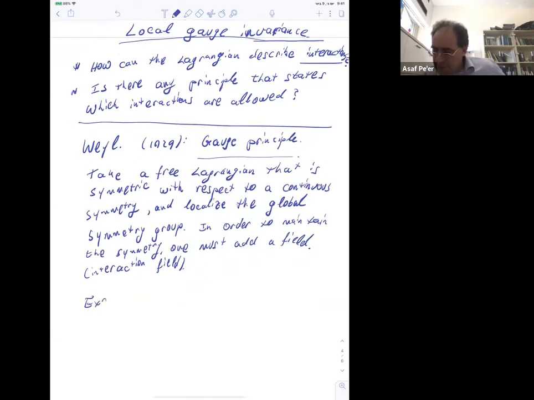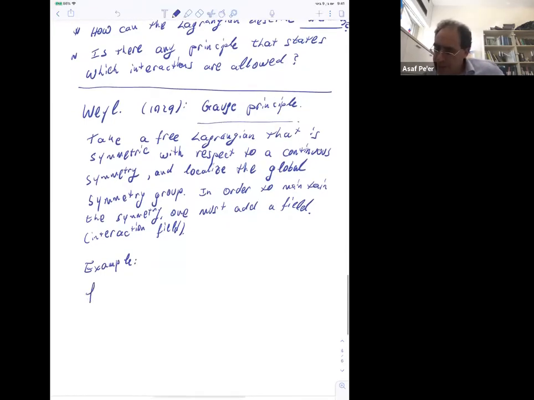A simple example, classical, of course. Let's say we have a function, f of x. Now, we assume that the space is uniform. This is what we normally assume; we don't say anything about space.